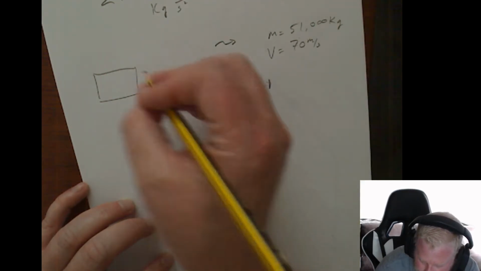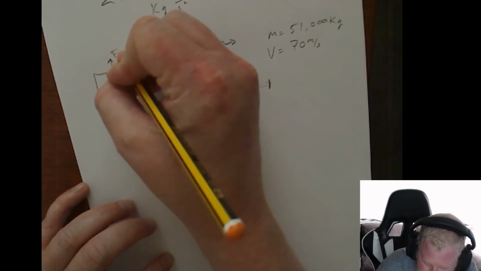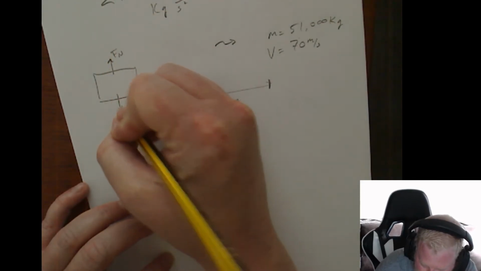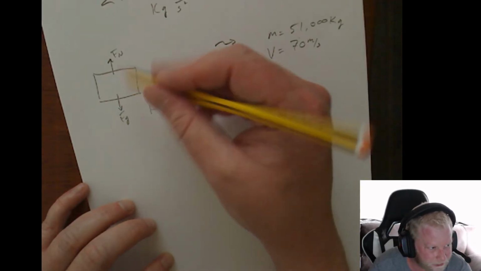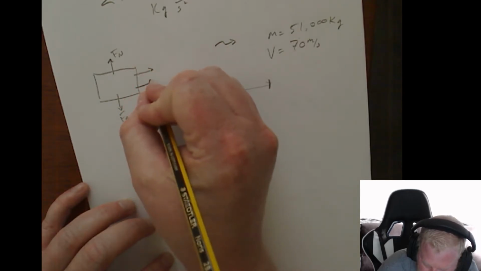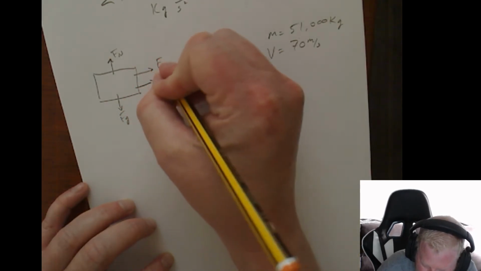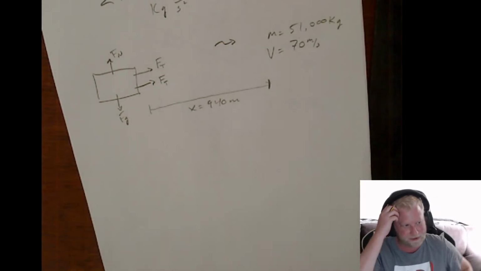In this scenario, our free body has a normal force and a gravitational force. In the vertical, these are in equilibrium. We also have two thrust forces, so I'm going to call that Ft for thrust, Ft for thrust.